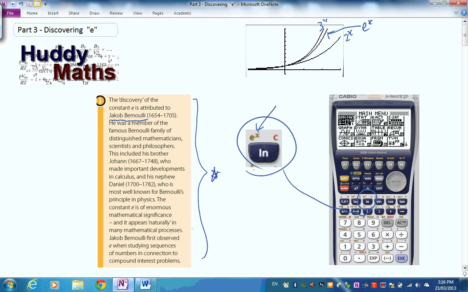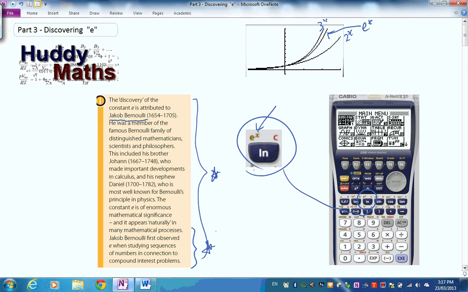But down the bottom is the interesting thing, and that is Bernoulli first observed this phenomenon of e when studying sequences of numbers in connection with compound interest problems.